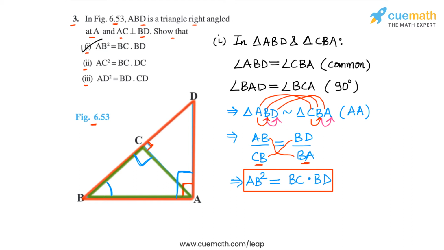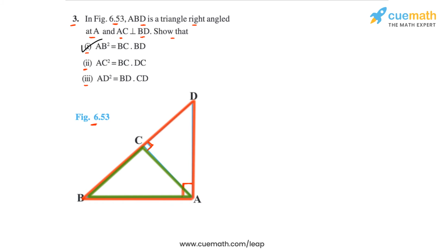Now let's go to part 2. In part 2, we have to show that AC square is BC into DC. For this part, we will consider the triangles ABC and DAC, and we will show that these two triangles are similar.